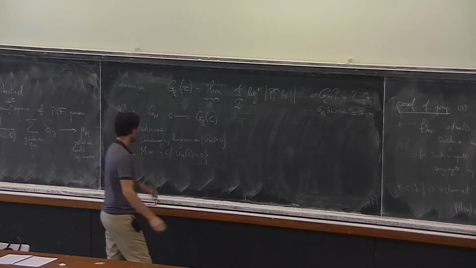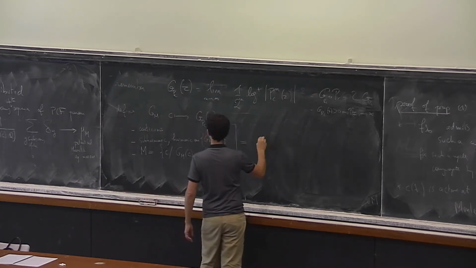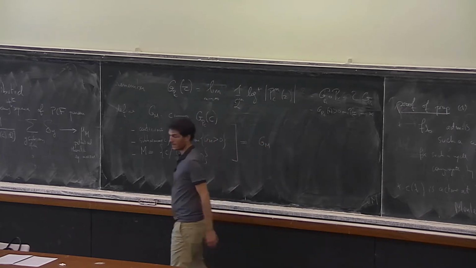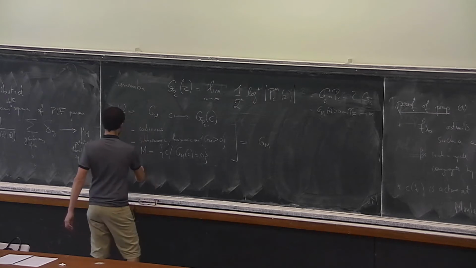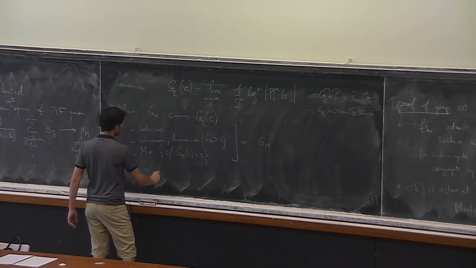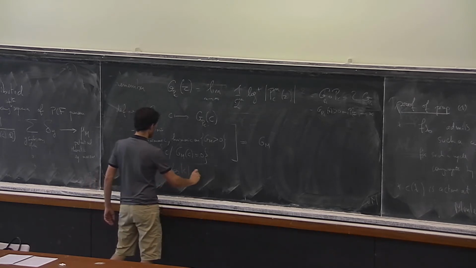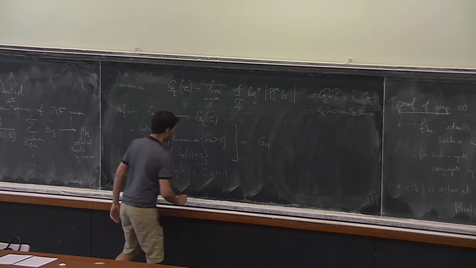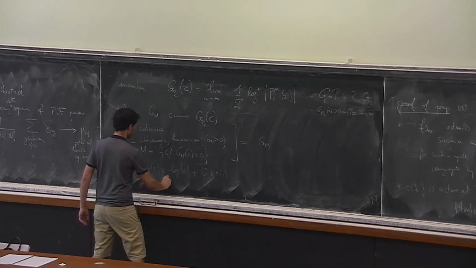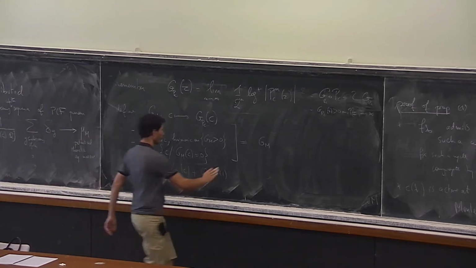And so all this implies that G_M is actually the Green function. Oh, I missed a property, sorry. G_M of c, you can make an asymptotic development at infinity. It is log c plus 0 plus small o of 1 when c goes to infinity. So it means that the Mandelbrot set has capacity 1.